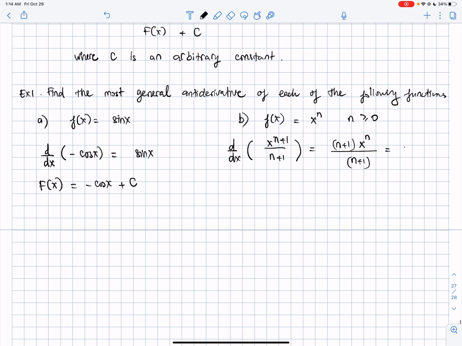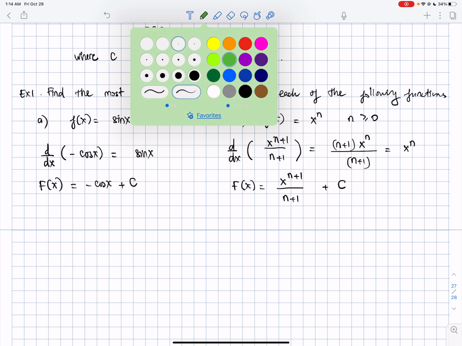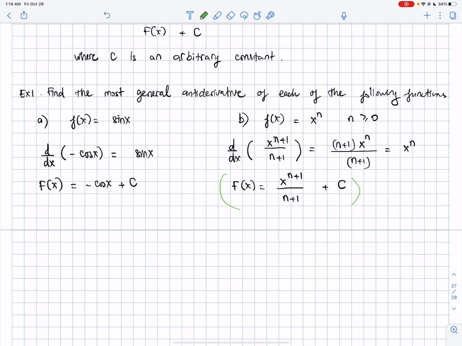We will get x to the n. So the most general antiderivative of the function x to the n should be x to the n plus 1 over n plus 1, and then plus the constant, because if you take the derivative of this, the constant will become 0.